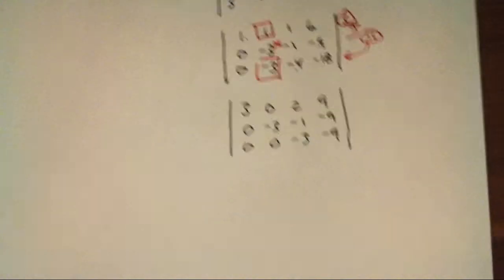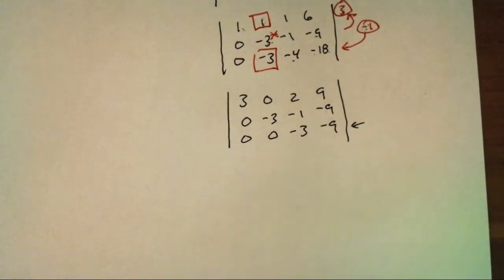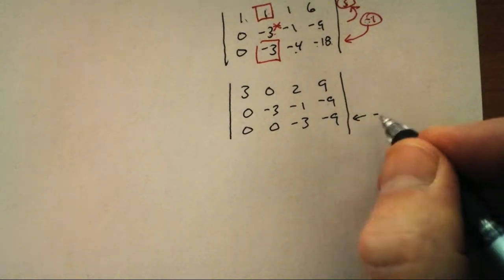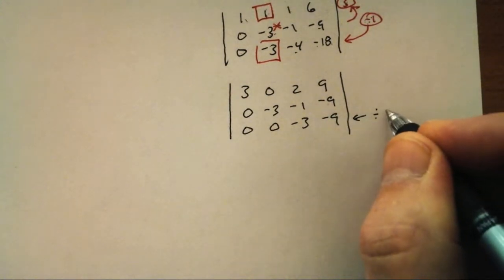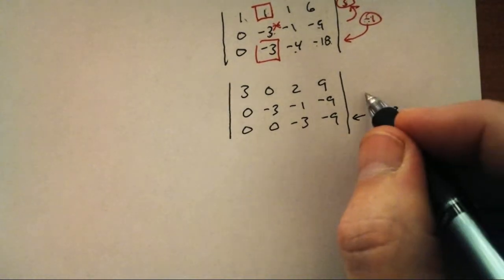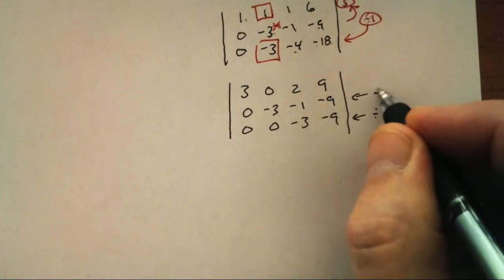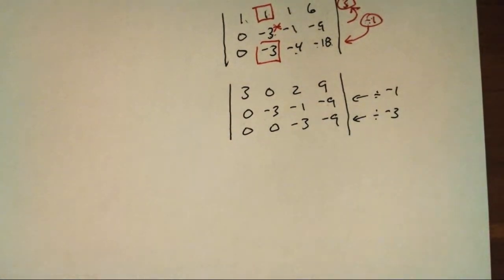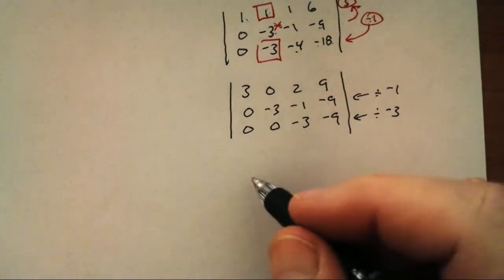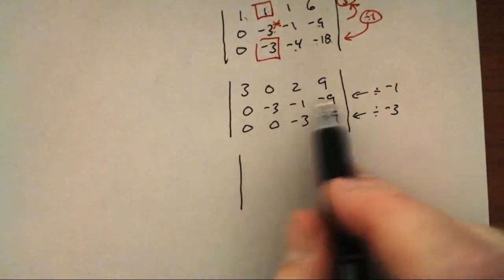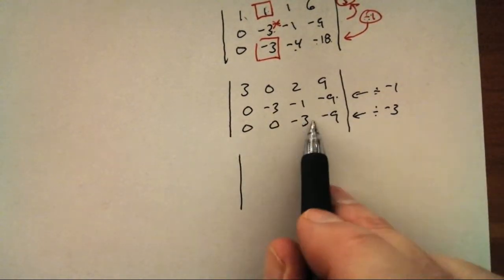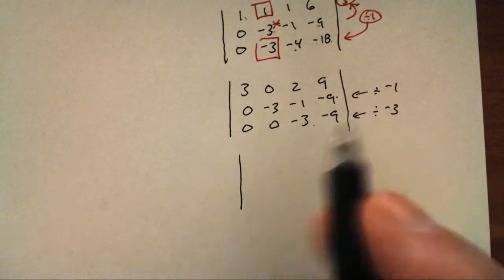And at this point right here, I'm going to house clean this. I'm going to divide this row by negative 3. In fact, I'm going to divide this row in the same step by negative 1 and get all positives in there. Said we might do that later. You wouldn't have to do this one, but you definitely want to do that because we have that common divisor of 3.